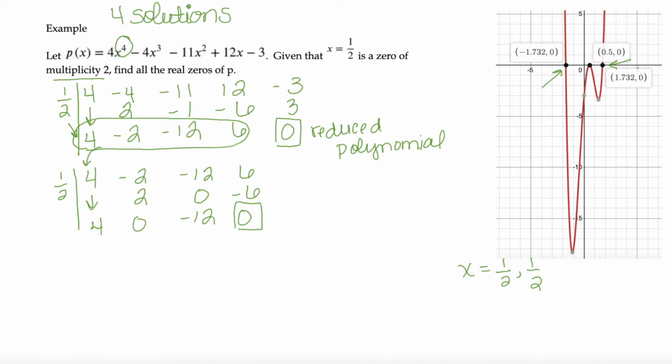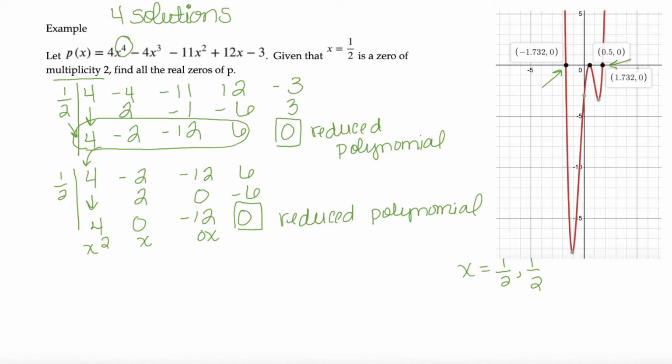Again, we have a new reduced polynomial that we can use. That reduced polynomial has 0 x's, this is the x column, and x squared, and we could keep going if we desire.